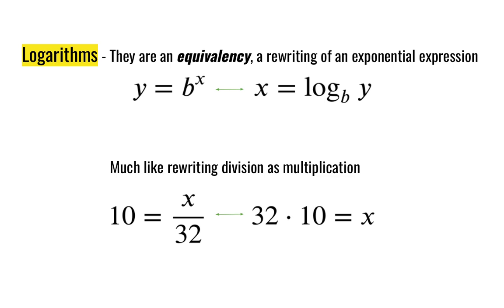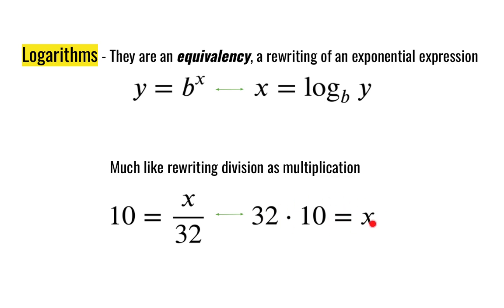So these are logarithms. Logarithms are an equivalency of rewriting an equation using inverse operations. It's kind of like, at the bottom you can see here, rewriting an equation with division using the inverse operation of multiplication. So that inverse operation right here is just a rewriting.